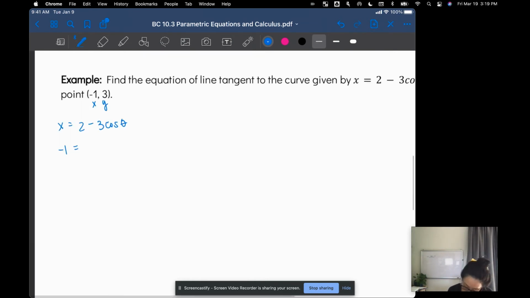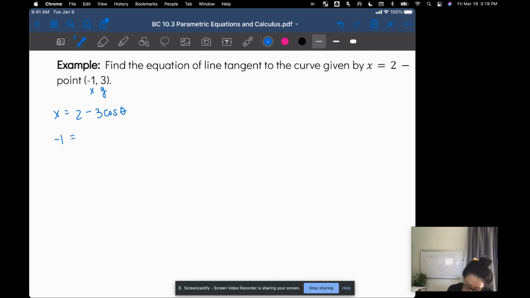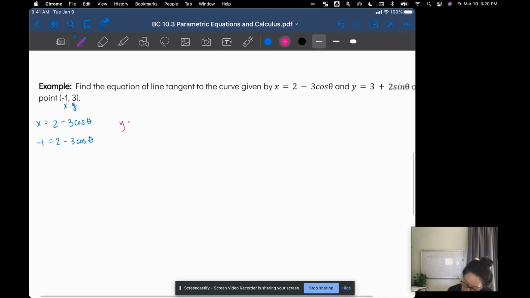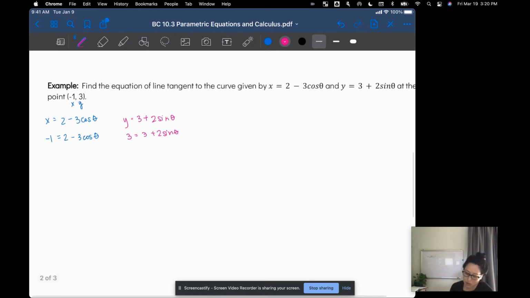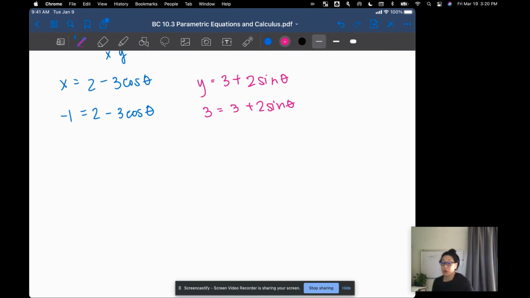So we have negative 1 is equal to 2 minus 3 times the cosine of theta, and then secondly, we want to use our y equation. y is equal to 3 plus 2 sine theta, and we need to plug in 3 for y from our ordered pair. And then let's make sure we get the same theta values, because if you don't, like I said, the point is not on the curve.